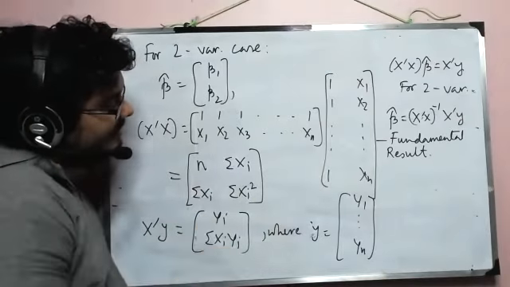So now we are going to open the bracket. So we will have (X'X)^{-1} X', and then this X beta will be multiplied. So here you'll have X'X beta, and yes, they will be cancelling, plus we will have (X'X)^{-1} X'u.